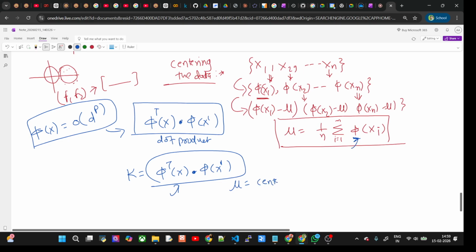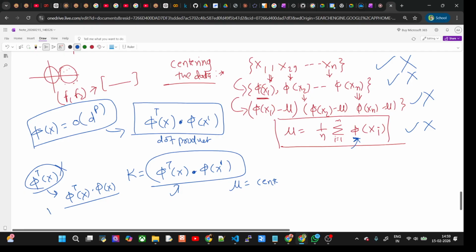You don't want to simply take the normal equation I just wrote. You want to take the equation in terms of phi transpose x into x, because I don't want to calculate this value individually. Instead, because this is my aim, I will not do this, I will simply go with this.